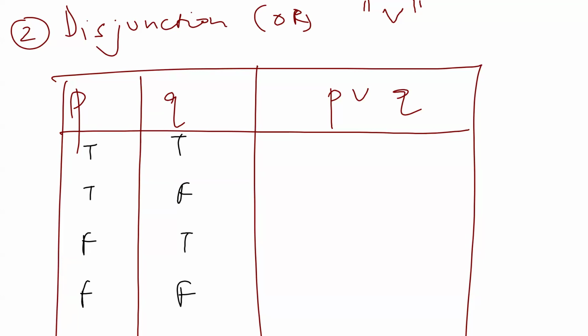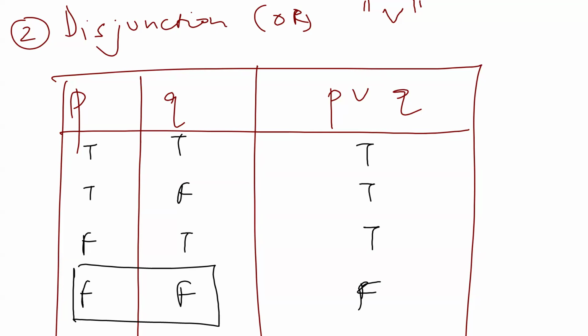Now, how to remember this table? In or, if both are false, individually, if P is false, Q is false, then only it is false. Everything else is true.